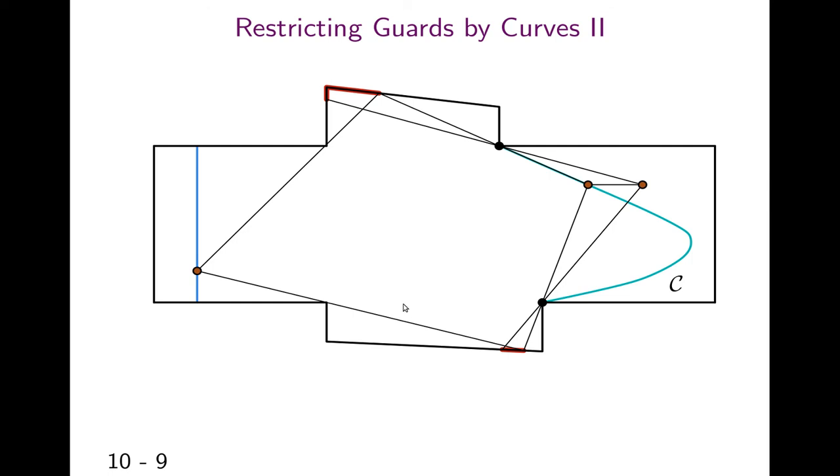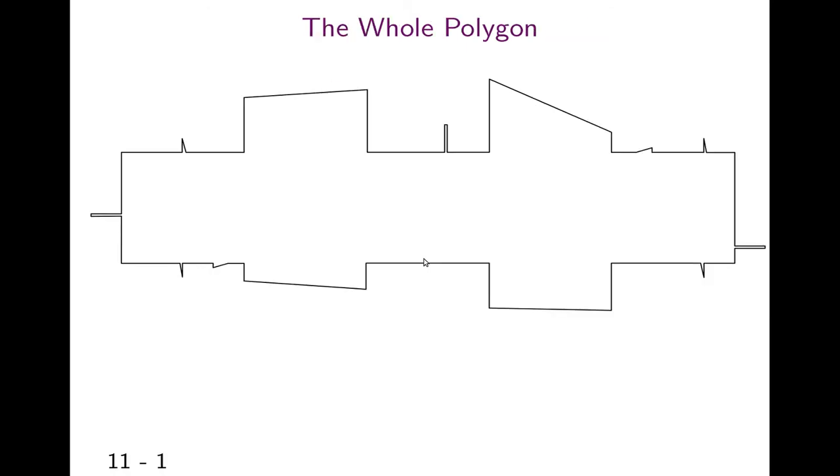Okay, so now I have shown you the statement that I claimed in the beginning, and now I want to use it. Let's look at the whole polygon again. We forced one guard on this line, and we forced one guard on this line.